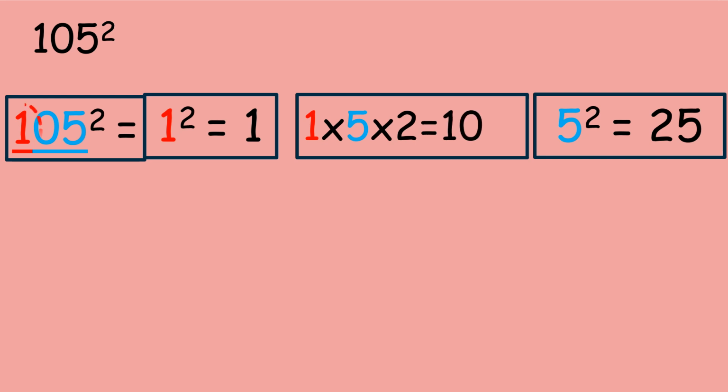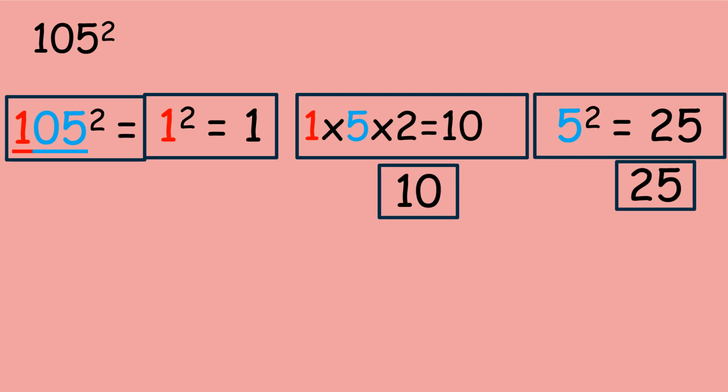We will multiply 1 by the 5, and then we'll also multiply it by 2. So 1 times 5 times 2 is equal to 10. So we have the third term, which is 25, the second term, which is the middle term, which is 10, and then the first term, which is 1.